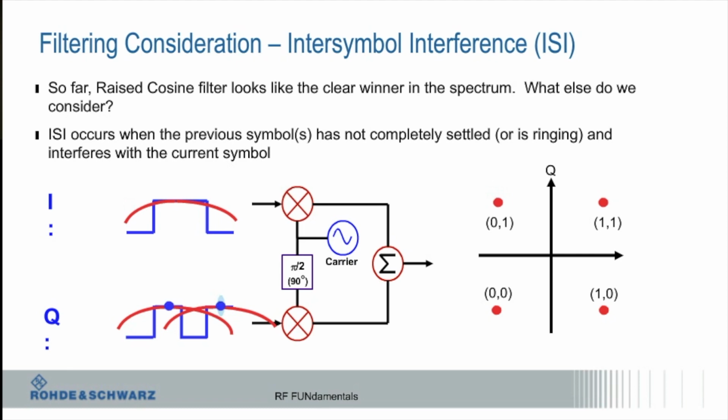So what happens is you can get an offset. You see that constellation point move down, right? Those are the kinds of things that can happen when I have intersymbol interference.